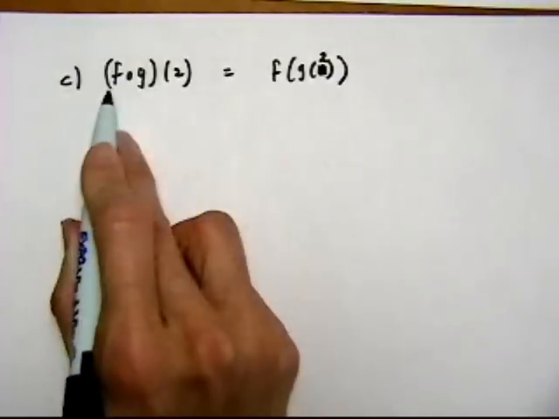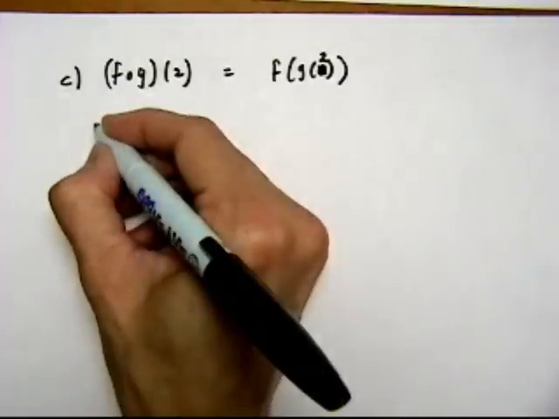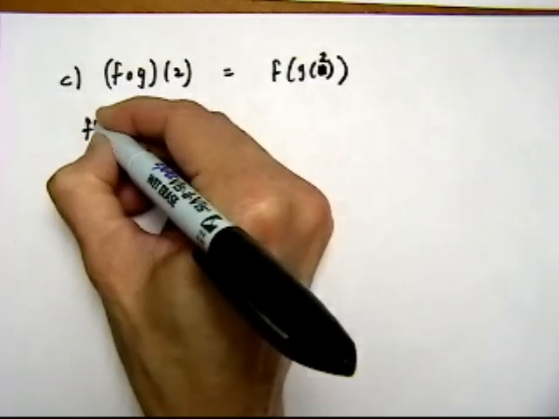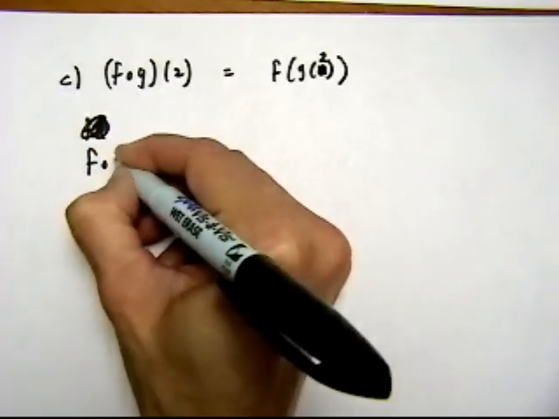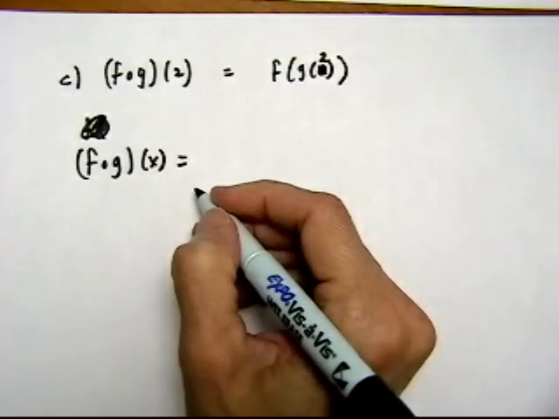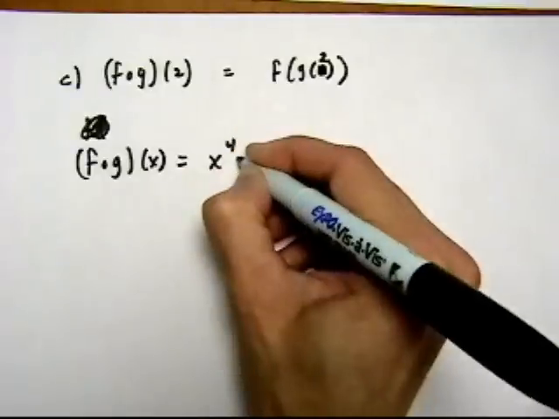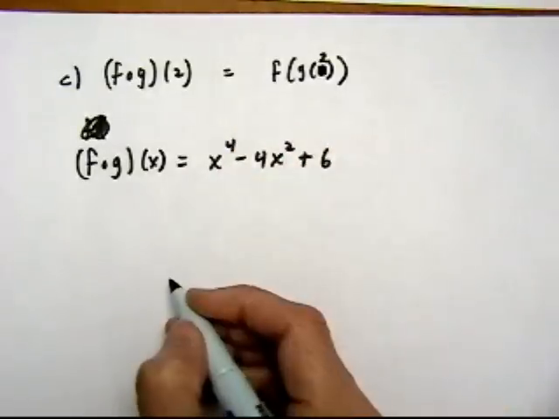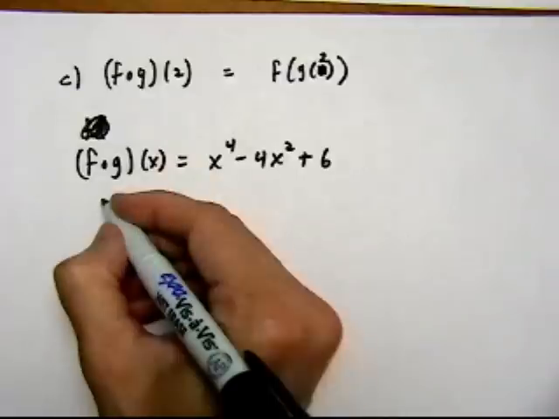Alright, so we can find this two ways. Let's take f of g of x that we found in part A. f of g of x is equal to x to the 4th minus 4x squared plus 6. And now we want to find f of g of 2.